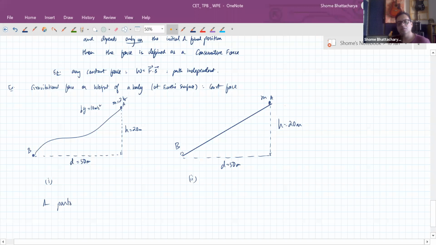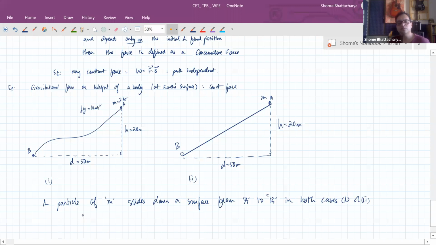So a particle of mass m slides down a surface from the point A to B, in both cases 1 and 2.